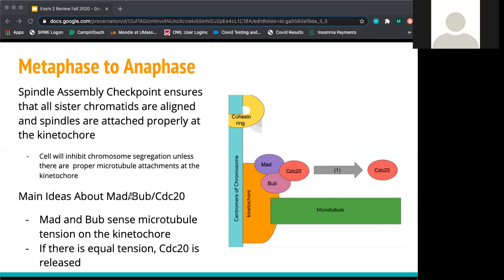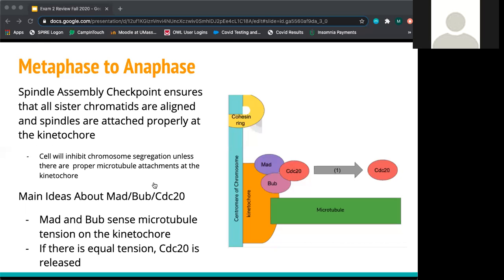So your main idea about this protein complex, MAD, BUB, CDC20, is that the cell has sensors that can sense the tension on the kinetochore and sense that it's ready for anaphase, essentially. So MAD and BUB, they are going to sense microtubule tension on the kinetochore, and if there is equal tension, CDC20 is going to be released from that complex.